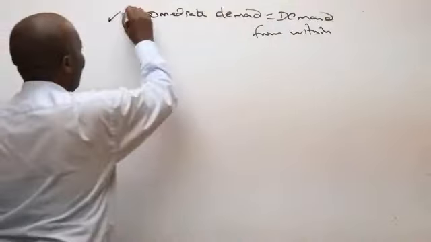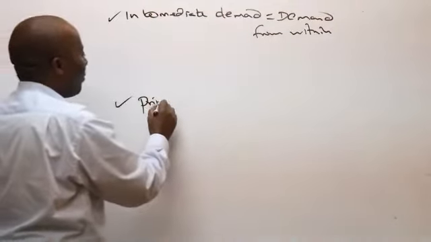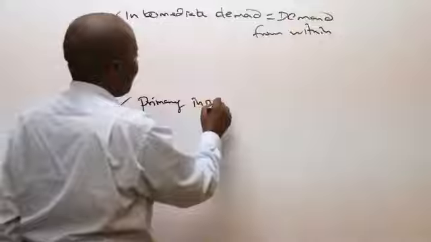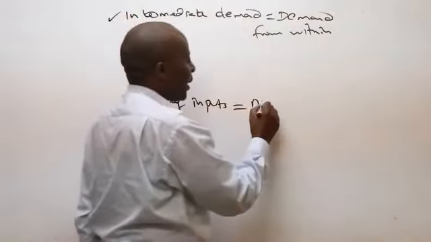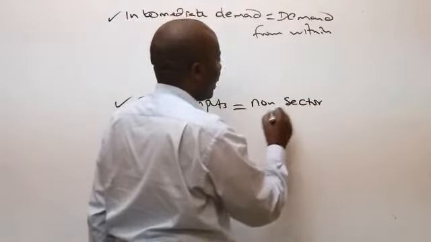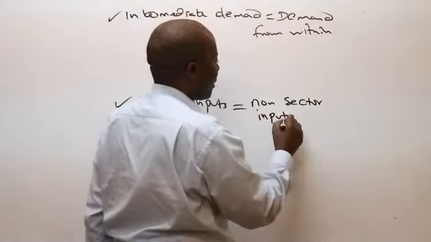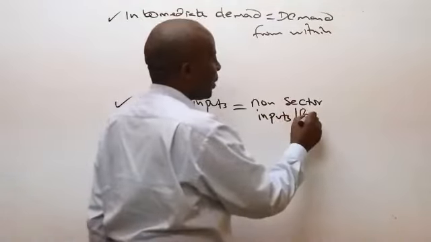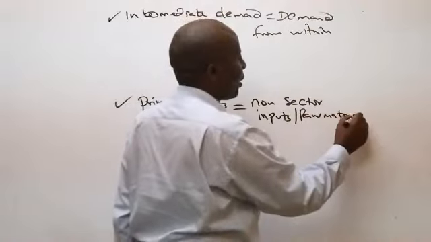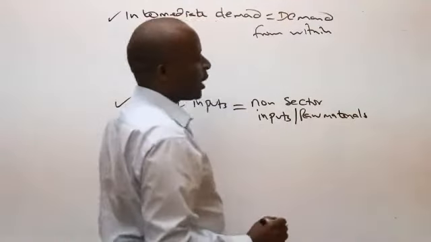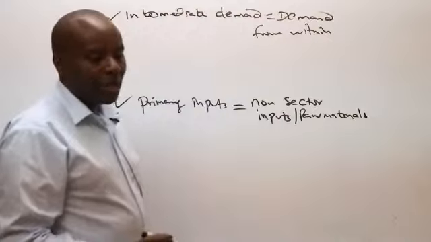If you check your past papers, you'll be able to see these definitions. The primary inputs. These are non-sector inputs, non-sector raw materials, those raw materials that can never be provided by any sector.